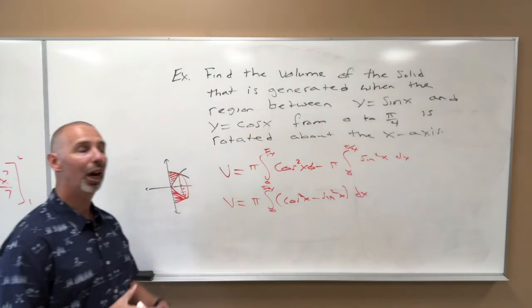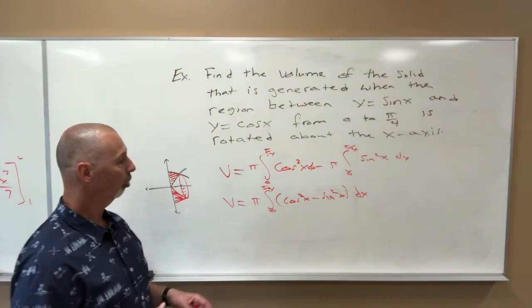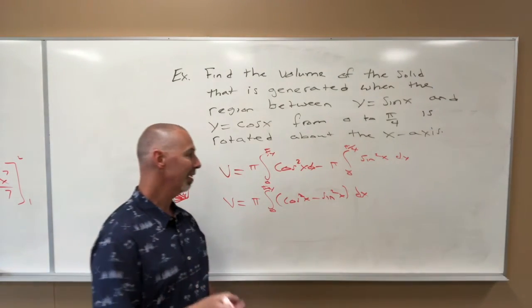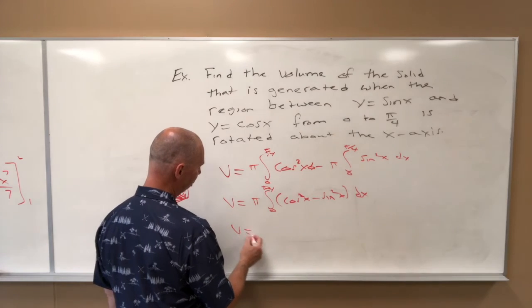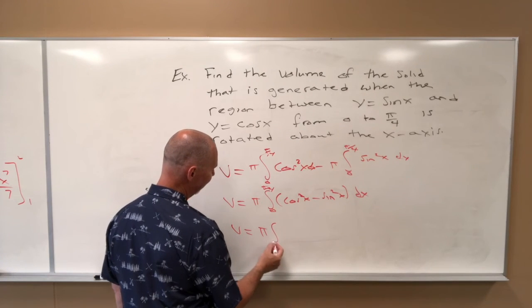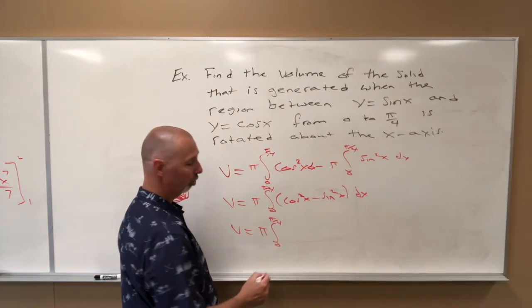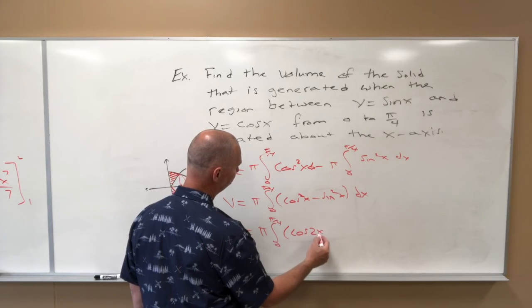Okay, now this is where you have to remember a little bit of your pre-calculus. We don't have integration rules for cos squared x and sine squared x, but from pre-calculus, one of our trig identities was that cos squared x minus sine squared x actually equals cos 2x.